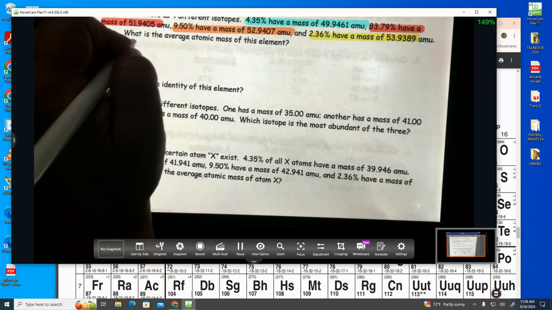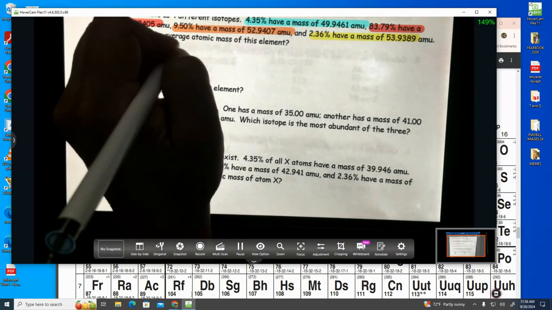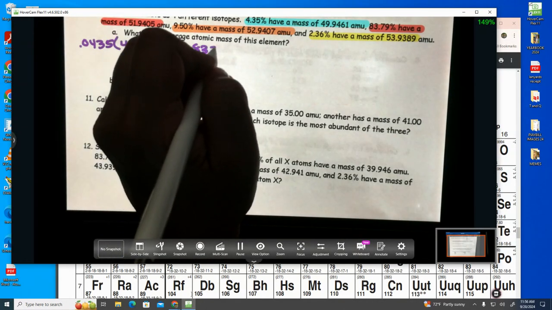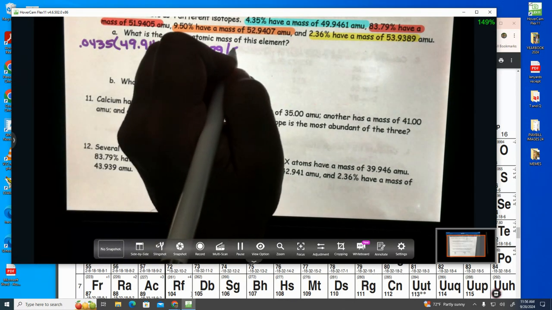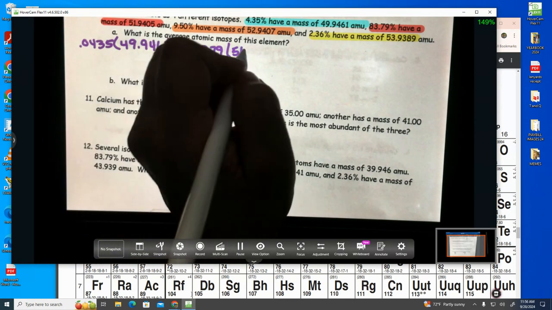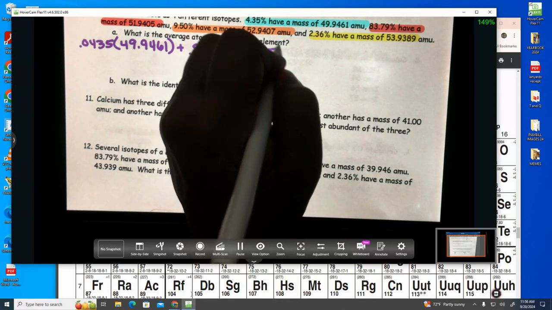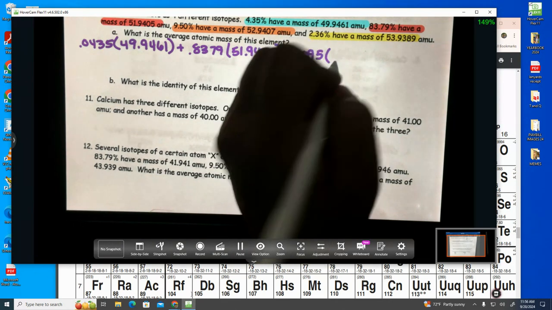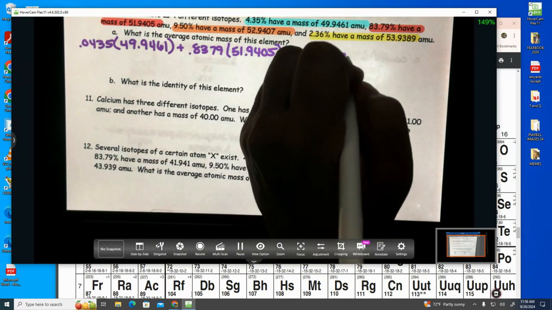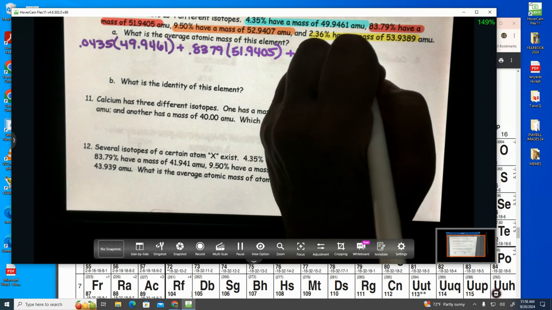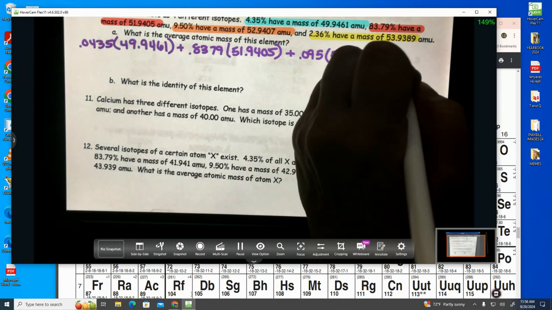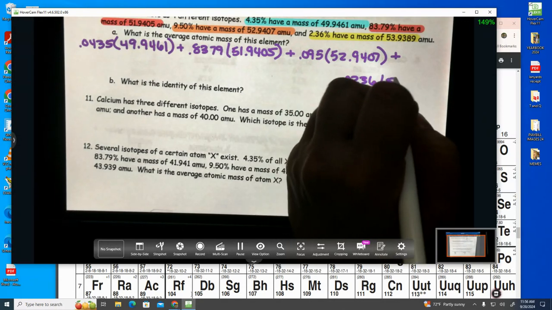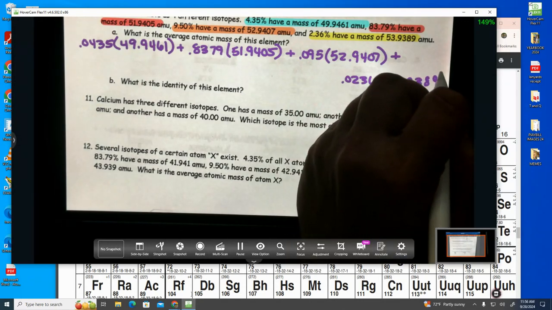0.0435 times 49.9461. Oh boy, we're not going to fit this all on the page, are we? 0.8379 times 51.9405 plus 0.095 times 52.9407 plus, and I got to write it down here, 0.0236 times 53.9389.